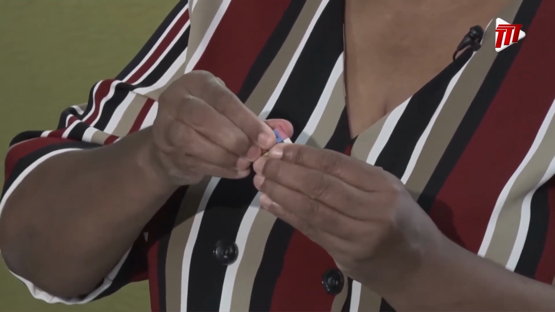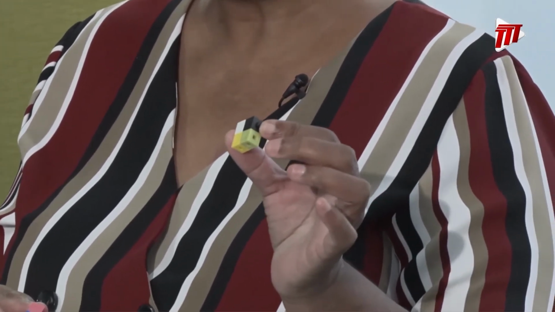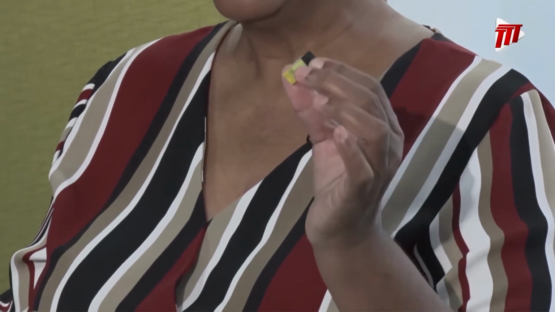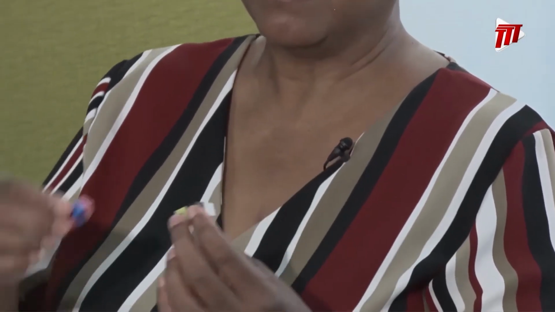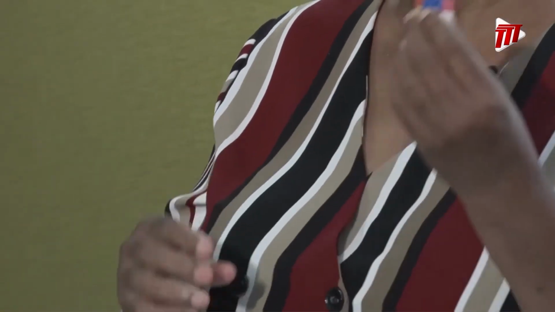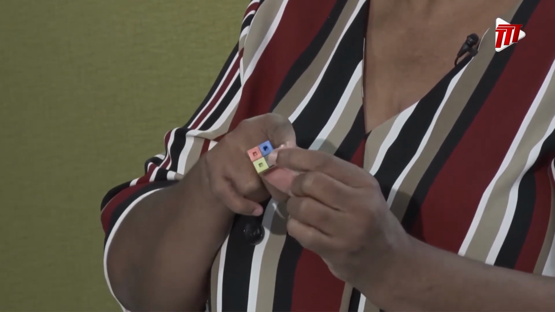And if I take it apart, you'd recognize that I have 4 cubes at this layer and 4 at the top layer. And you can count with me. 1, 2, 3, 4, 5, 6, 7, 8.